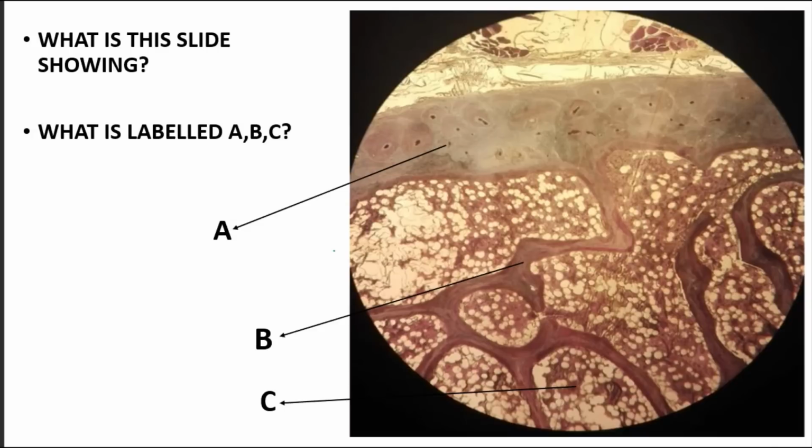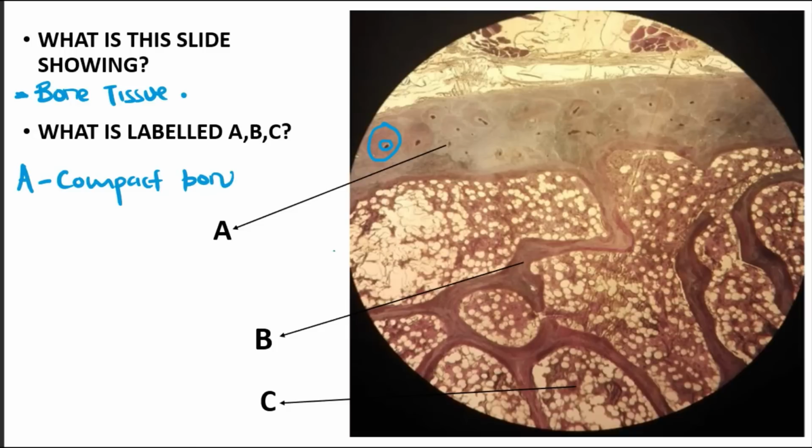What is this slide showing? This slide is showing bone. So this is simply bone tissue. What are the parts labeled A? Parts labeled A here, you've got the Haversian system, or the osteon. So this type of bone here is compact bone.